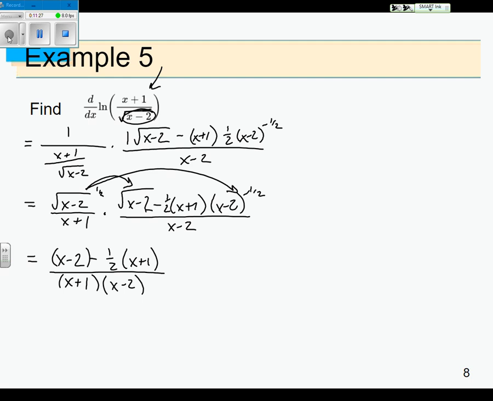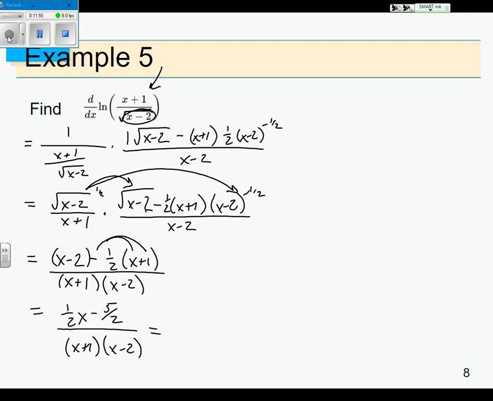I think I can go a little bit further with it. Let's see, I have x minus 1 half x. That's just going to be 1 half x. I have negative 2 minus 1 half. That would be negative 2 and a half, and negative 5 halves over x plus 1, x minus 2.